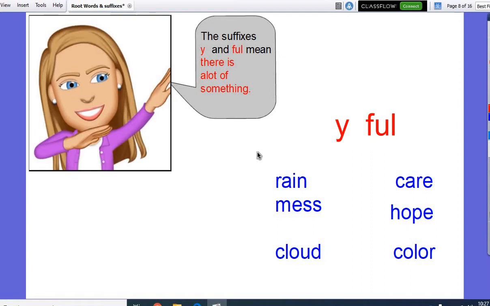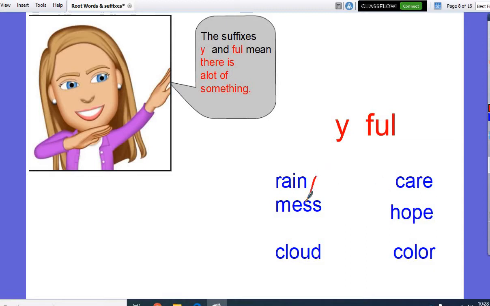So the first ones we're going to look at are Y and FUL. And Y and FUL are together because they mean the same thing. When you add a Y and an FUL, it means that there's a lot of something. So like the words on this side, I could add a Y to and make new words.